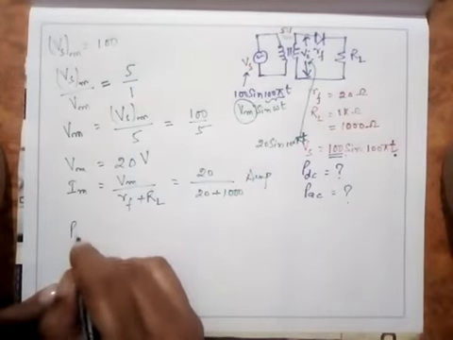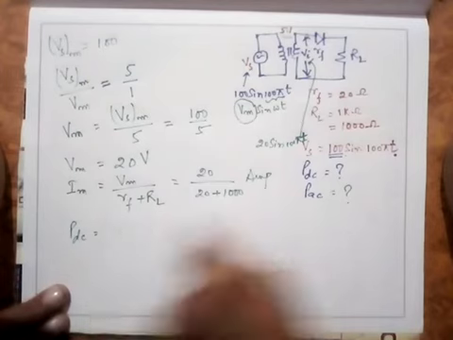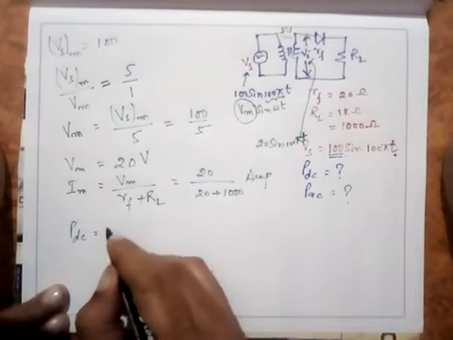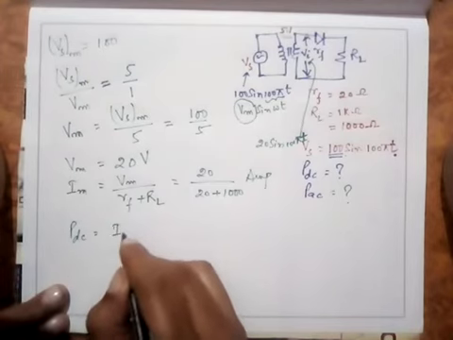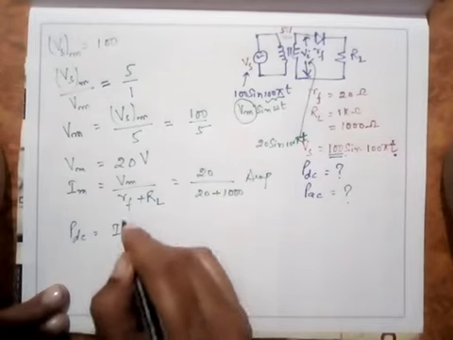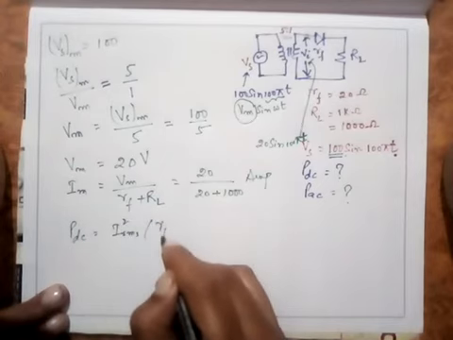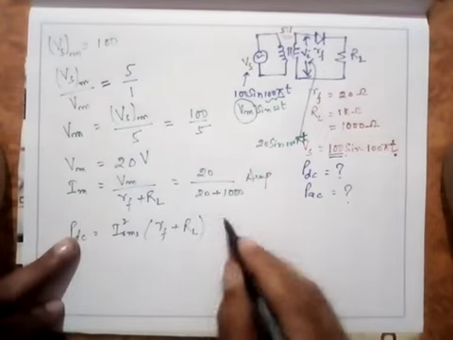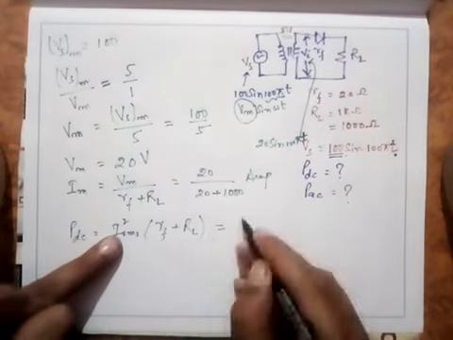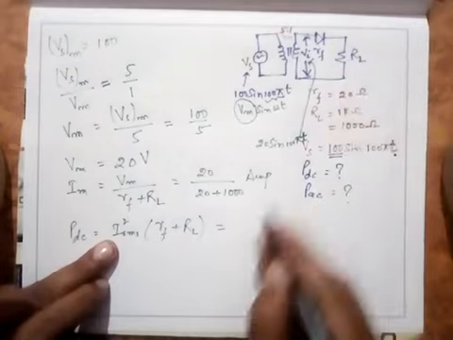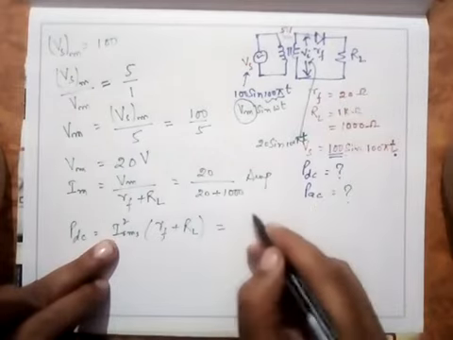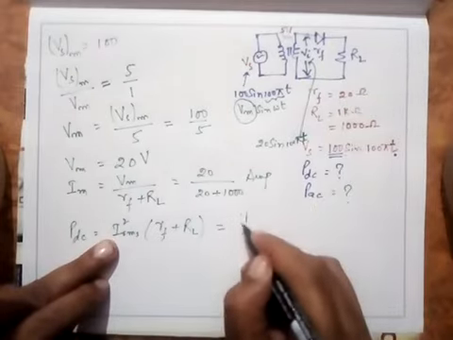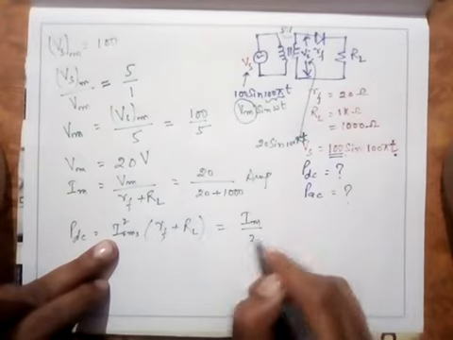So P_AC is I_RMS square into Rf plus RL. I will not solve it completely again, but for a half wave rectifier, I_RMS is equal to Im by 2.